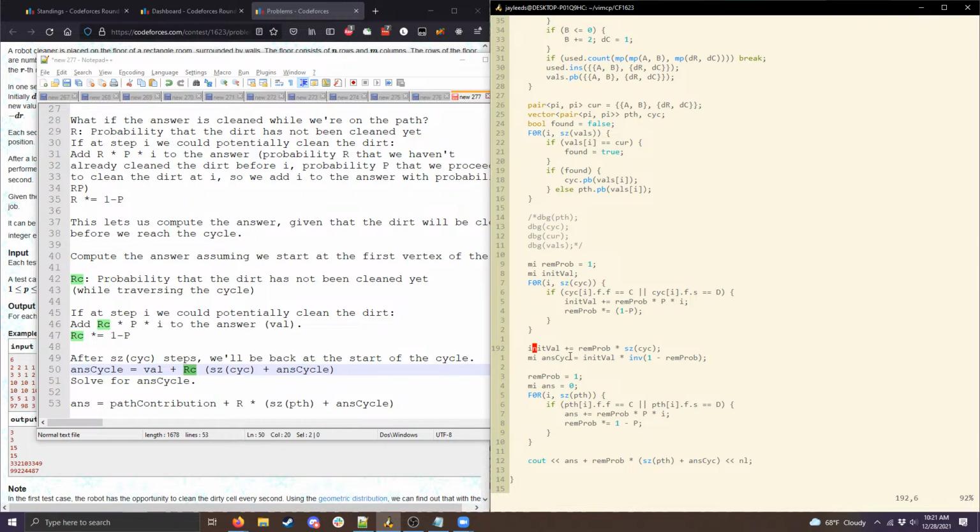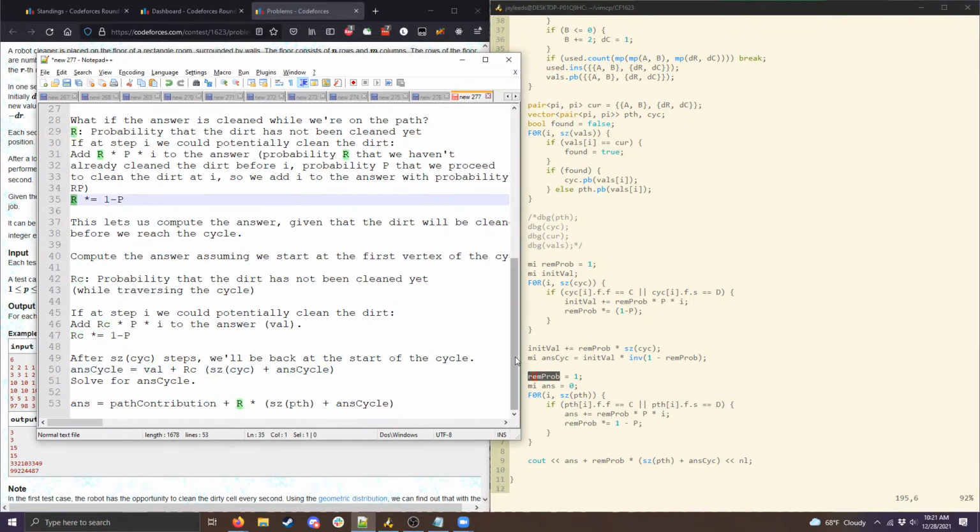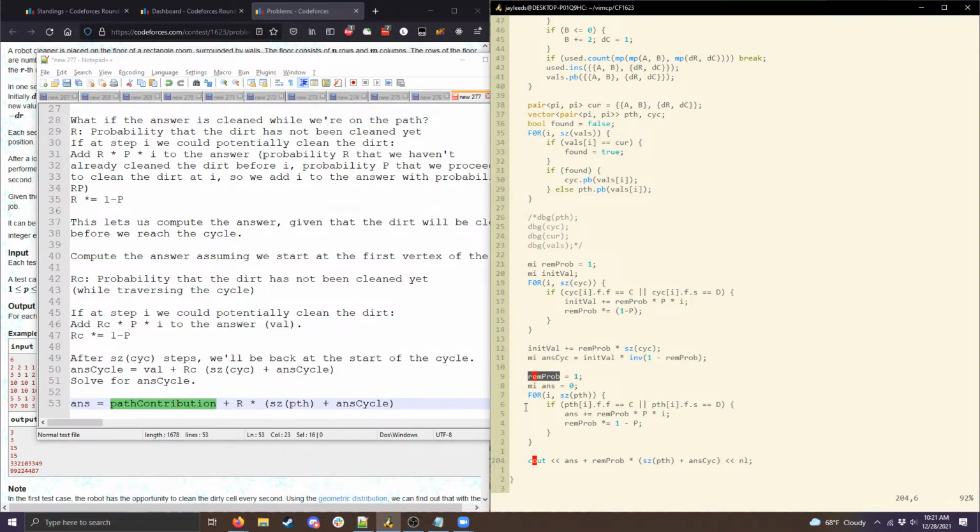And so I compute ans cycle using exactly the same approach that I just discussed. And then I reset remprob. Now I'm going to use it as R, and I'm going to use ans to represent the path contribution. I compute the path contribution, and I add R times the size of the path plus the cycle answer. And that gets us our result.